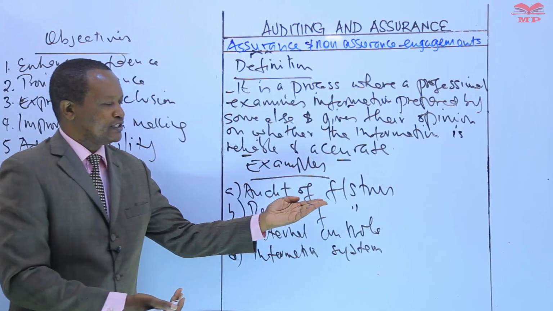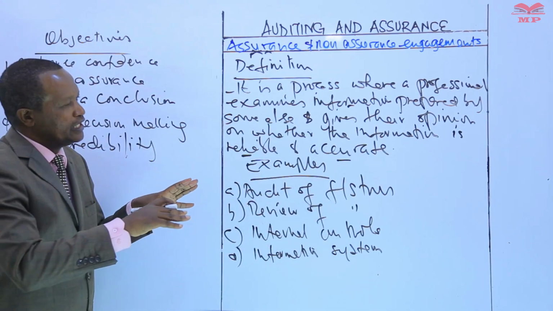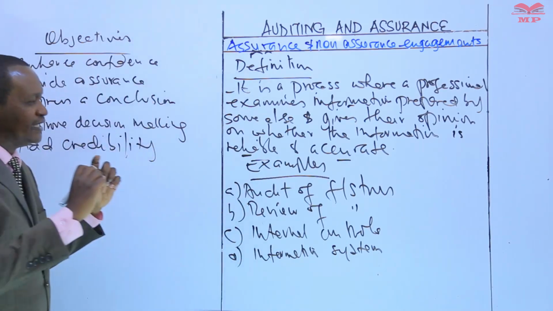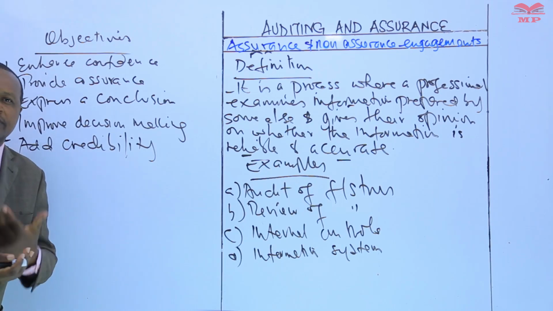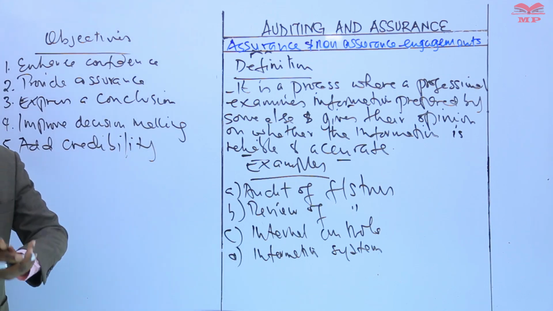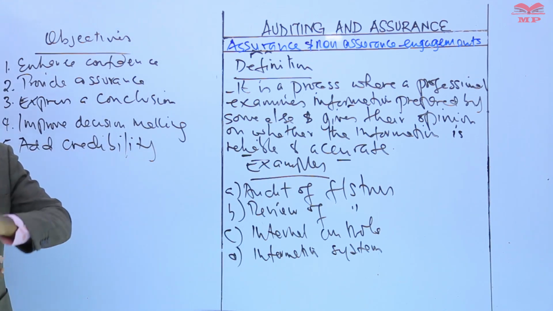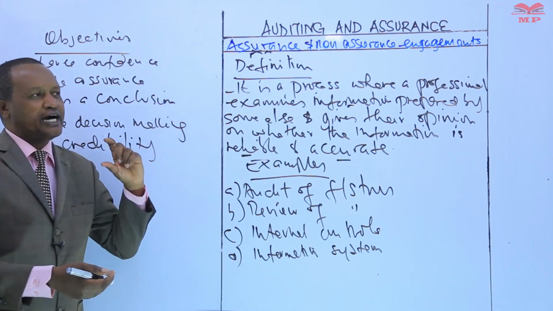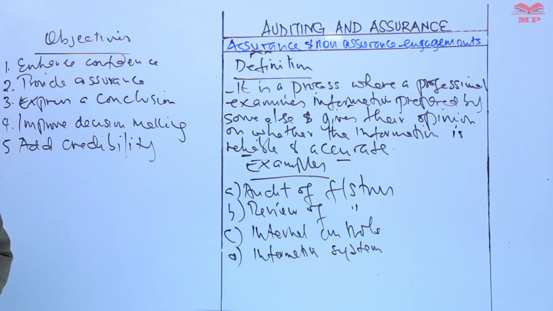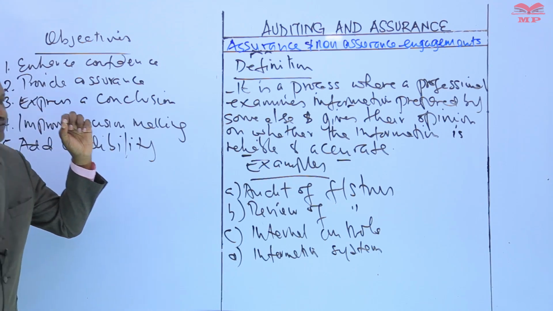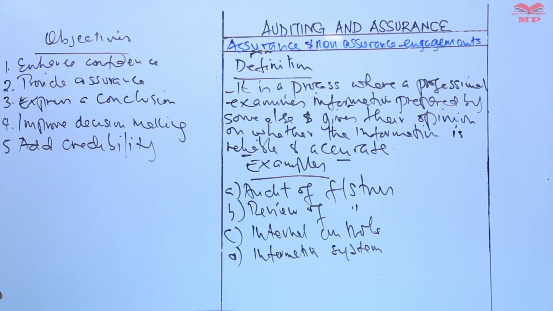If these financial statements as presented by management are examined by a professional who gives a positive opinion, then it enhances the credibility of such information, making it more reliable, making it more trustworthy. So the assurance provided by an independent practitioner, we can say in other words, adds another layer of credibility to the information, which is valuable for stakeholders, valuable for the users of the financial statements.